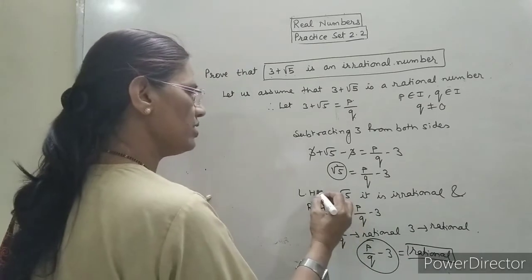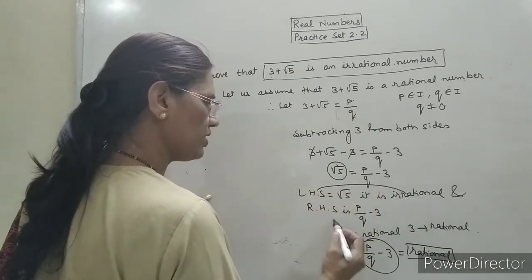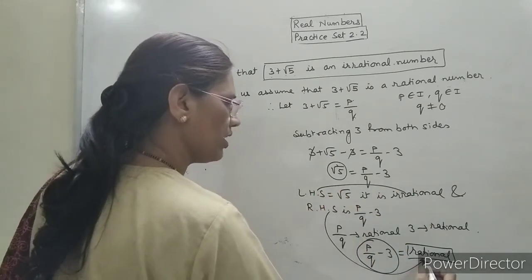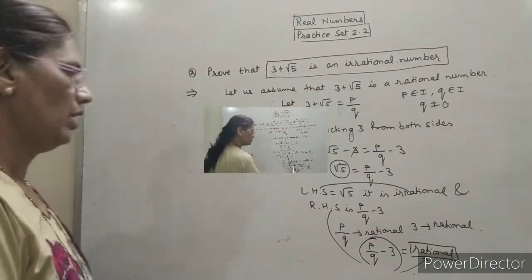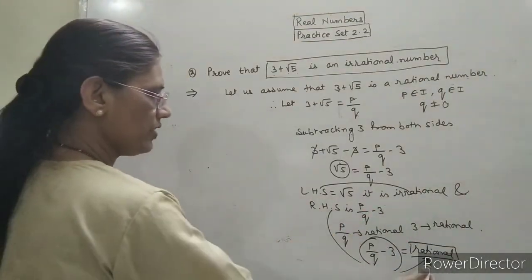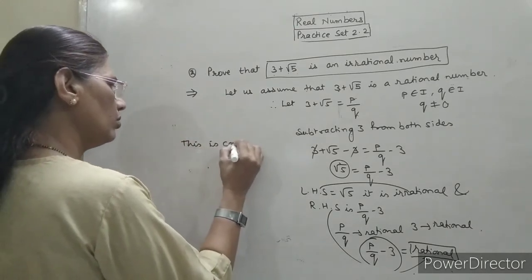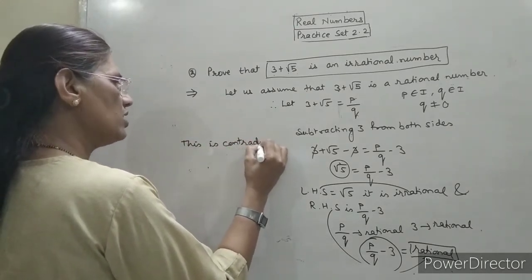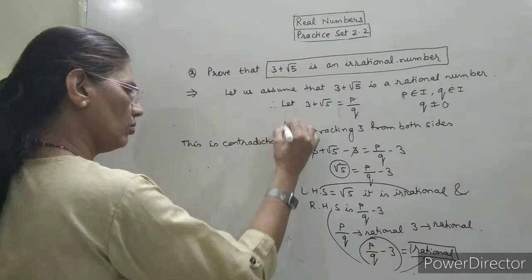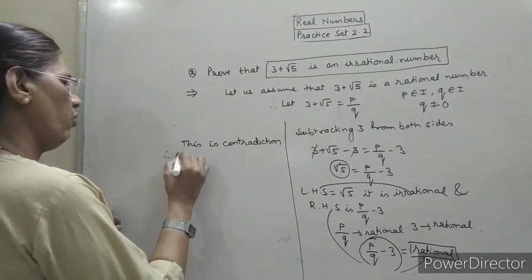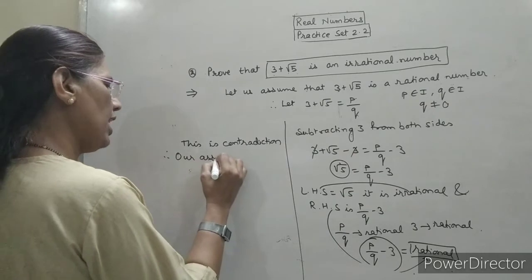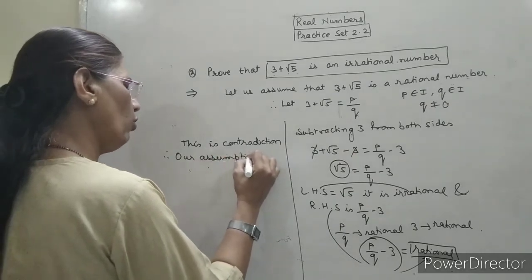Now LHS is irrational, RHS is rational. Is this possible? This is a contradiction. And therefore our assumption is false.